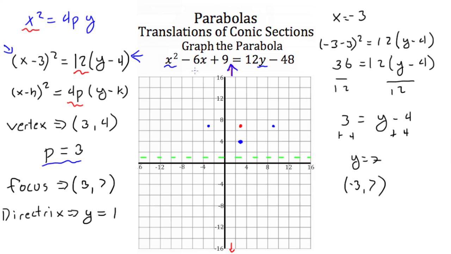And I can connect the dots, and my parabola would look something like that. So the only thing that changed was my equation. Now I'm using this x minus h and a y minus k equation. But the way I used my value of p didn't change. I just moved everything from the origin up k and over h.